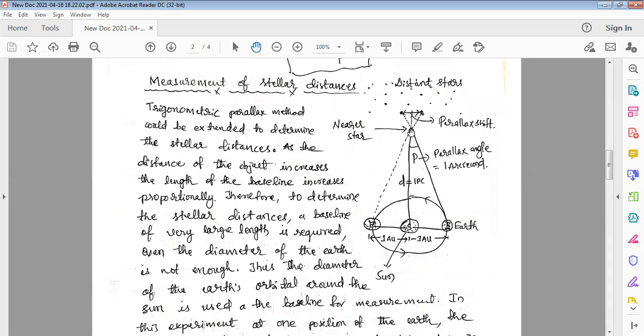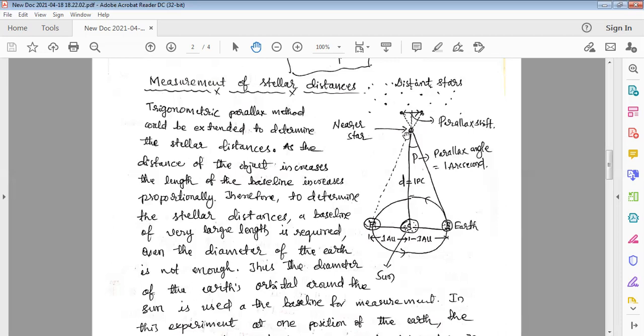Let us say this star is a nearer one, and this star is observed in the background of distant stars, which are generally fainter. Fainter does not mean that they are less luminous. The stars may be at higher distances, and because of that reason also sometimes they look a little bit fainter. And what happens, these distant stars appear as if they are stationary.